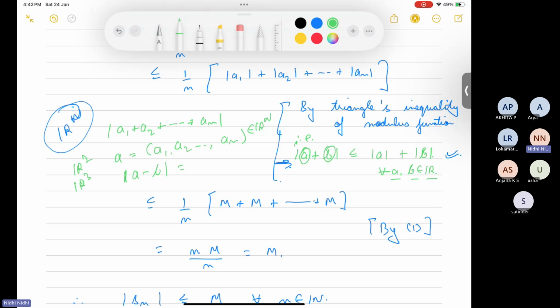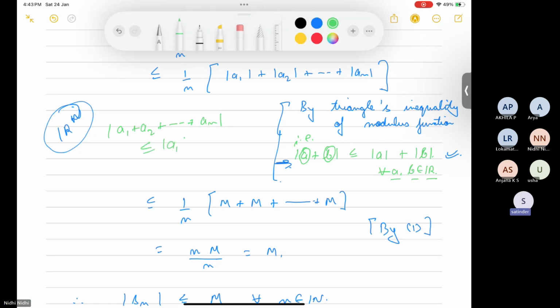No, I'm saying mod of a plus b is less than or equal to mod a plus mod b. By induction, I can prove that it will be satisfied for n dimensions also. But geometrically, what is happening in this, I'm not getting a clear picture.